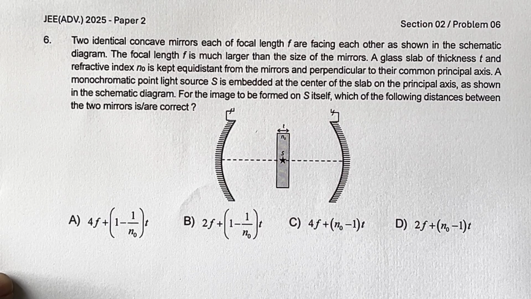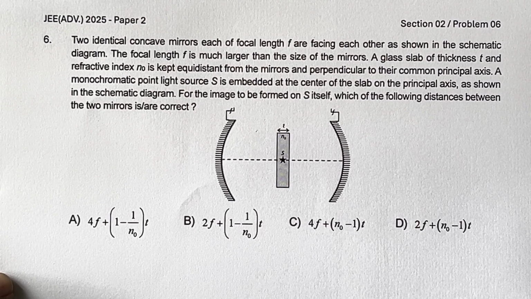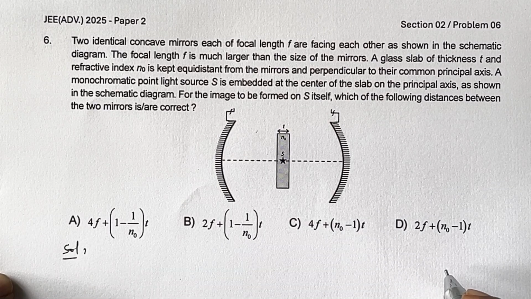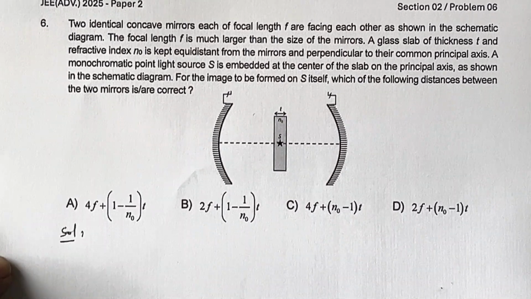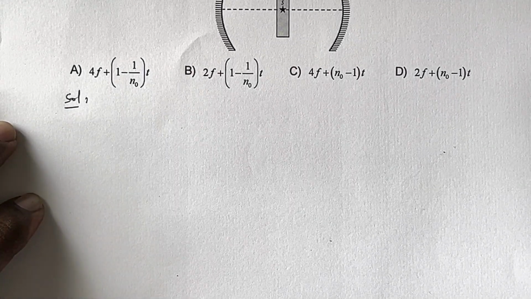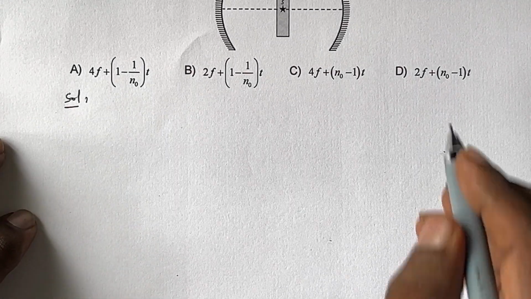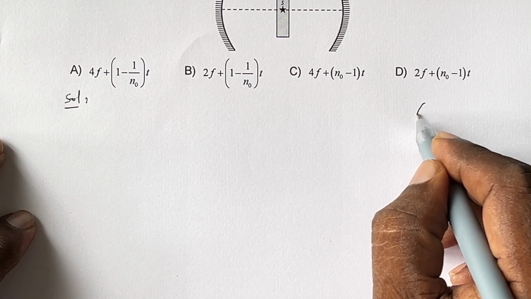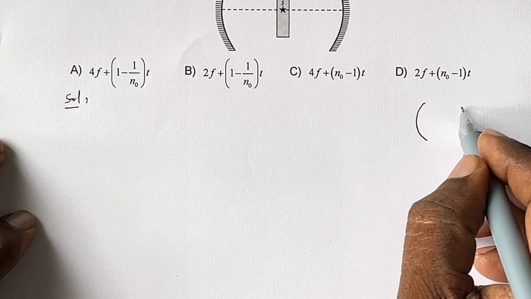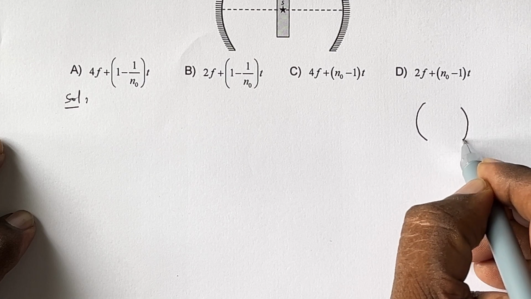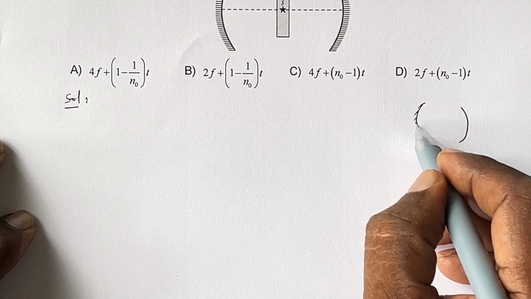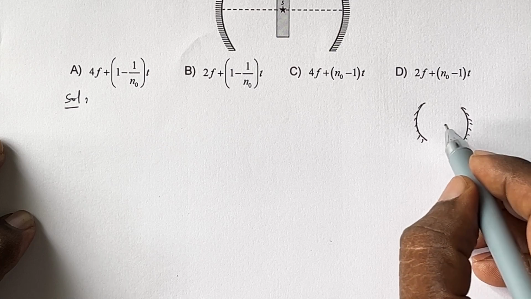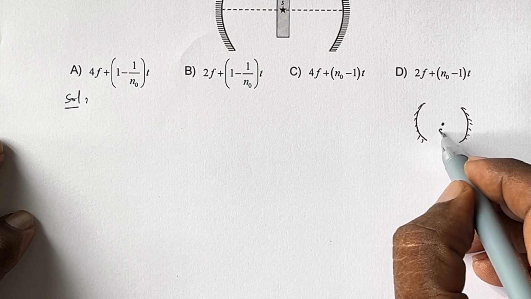But here already what we know. In our discussions in class, two possibilities are there so that light will come back to the same point from which it started. These are two mirrors. This is the source of light.